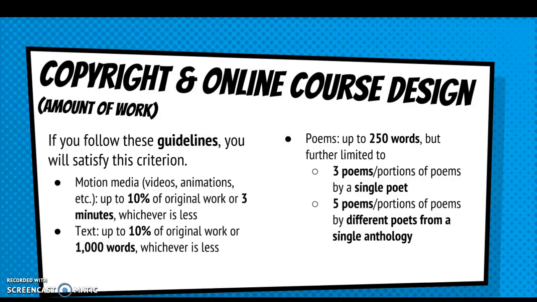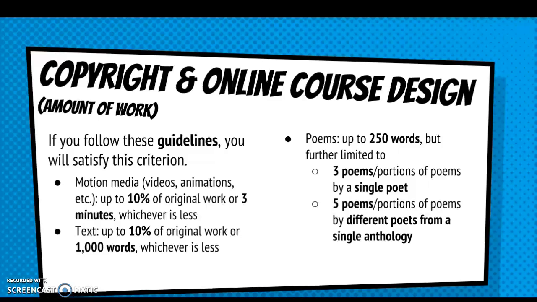There are very specific guidelines for the amount of work that you are to use while staying in fair use guidelines. A good rule of thumb for motion media and text is up to 10% of the original work. Poems are a bit more specific.